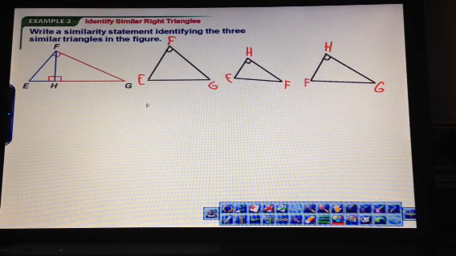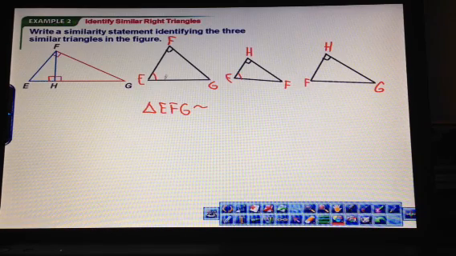Well, we can say that triangle EFG is similar to triangle EHF, and the reason for that is because it shares angle E, so that's congruent to itself by the reflexive property, and then it also has a right angle, and right angles are congruent. So we can say that triangle EFG is similar to triangle EHF.